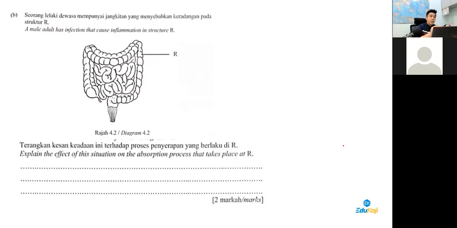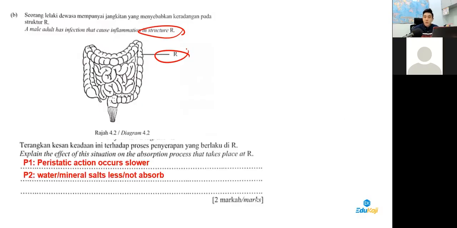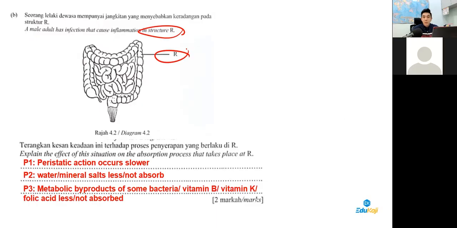What happened is inflammation at point R. If there's inflammation, normally we say first, peristalsis will be slower. Water and mineral salts will be less absorbed. Therefore, metabolic byproducts will be less absorbed or not absorbed.